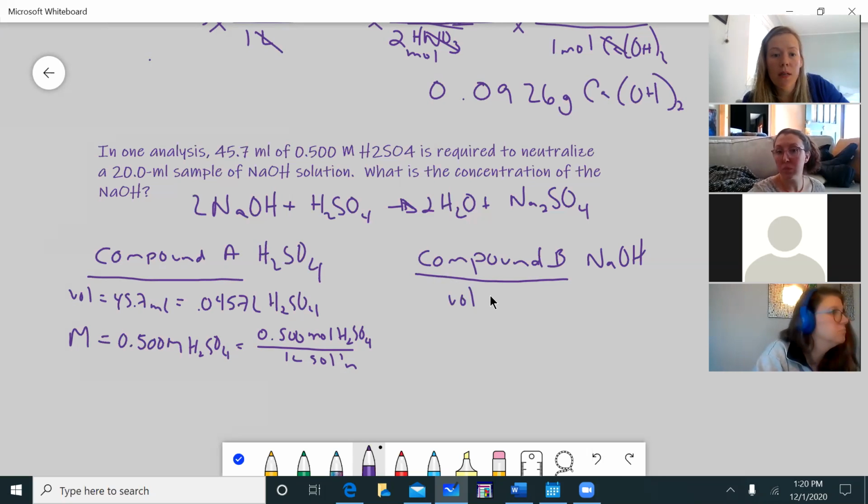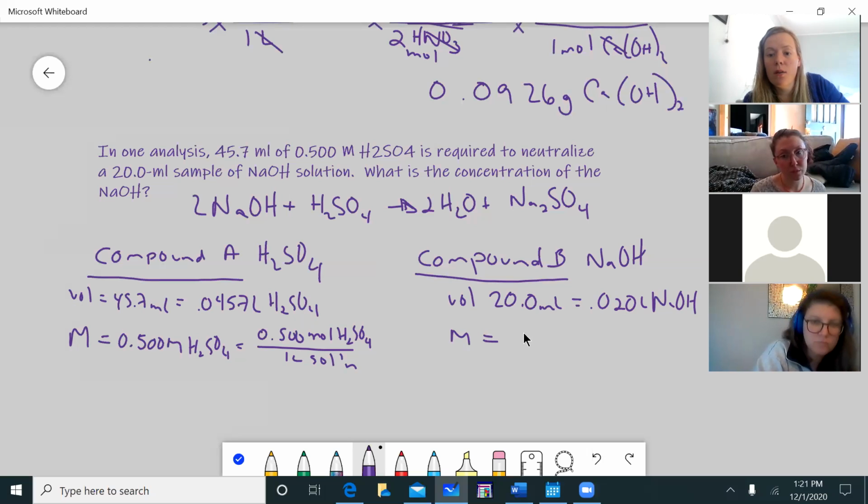Great, so volume is 20.0 milliliters, and I'm just going to convert that as well, 0.020 liters of the NaOH. And then what I want to find is its concentration or its molarity, and molarity equals moles per liter. I already know my liter value, so this can get plugged directly into it. So what I need to figure out is moles of NaOH, and then plug it in from there.